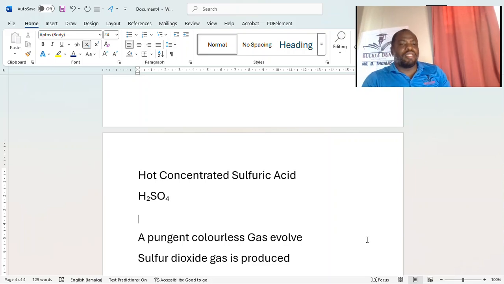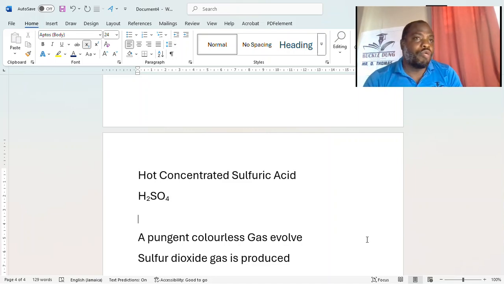And so CXC can even ask you, they can tell you that a reducing agent was reacted with a substance, and this is the observation.